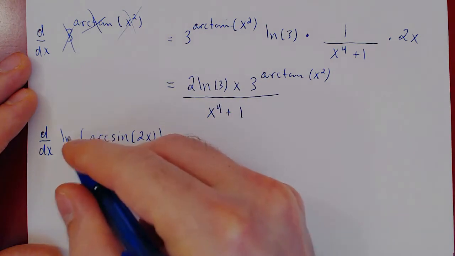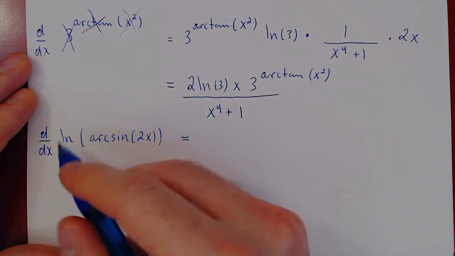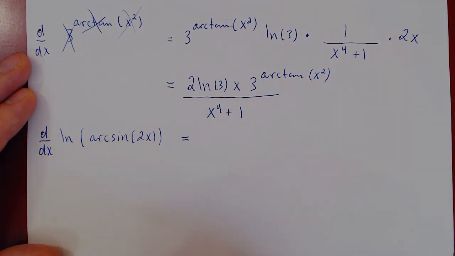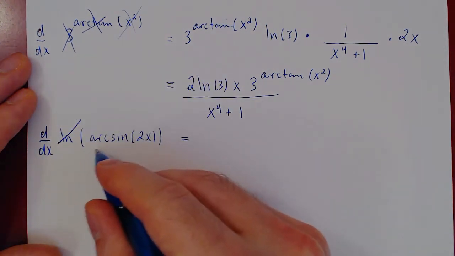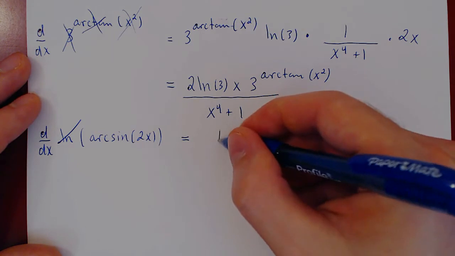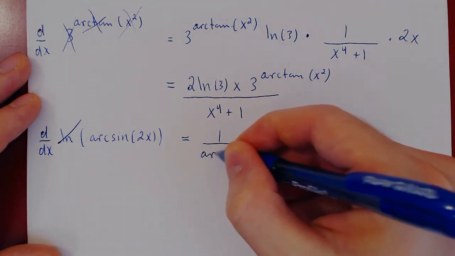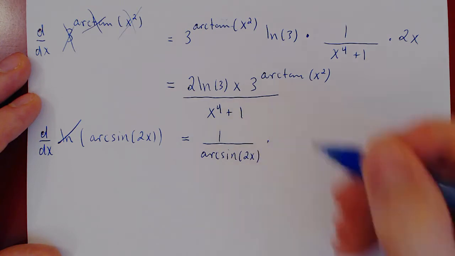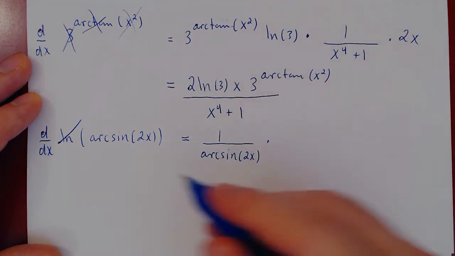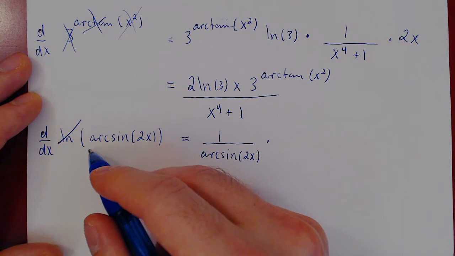So the outside function is ln, and if you remember, this is the natural logarithm, right? The logarithm base e. The derivative of ln is 1 over its argument. So we'll have 1 over the arcsine of 2x times the derivative of whatever is left over. Well, this is arcsine of 2x.